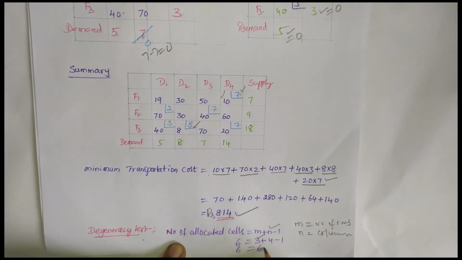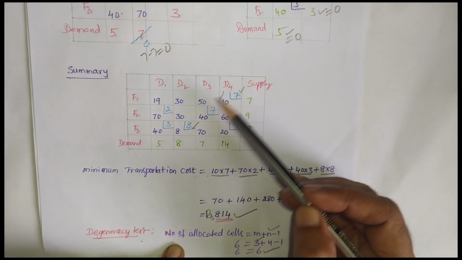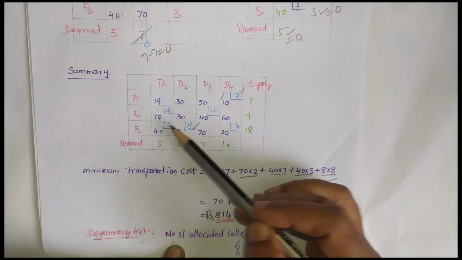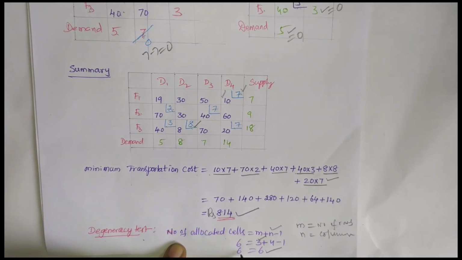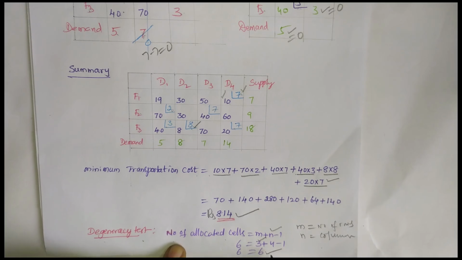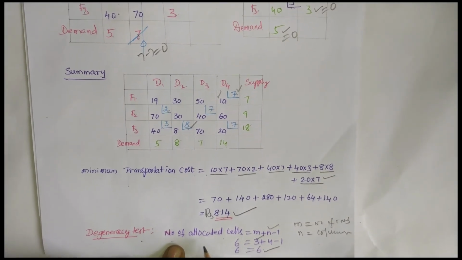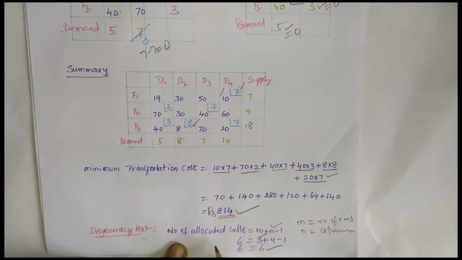So that's why this is equal to 6. Number of allocated cells: 1, 2, 3, 4, 5, 6. Number of allocated cells equal to m plus n minus 1. So that's why the solution does not have degeneracy.